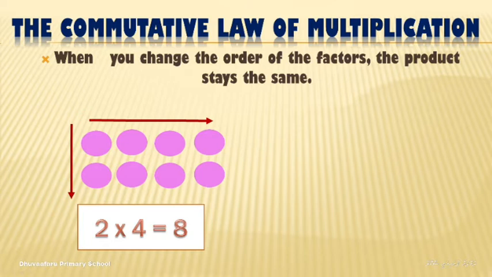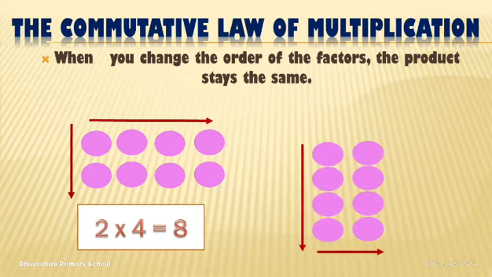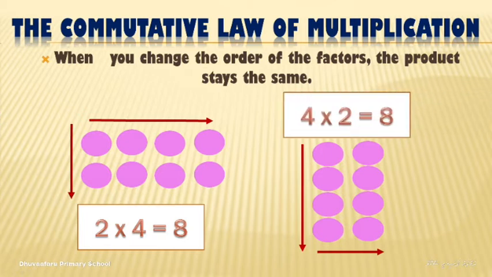That is 8, 2 rows of 4, but you can also write it another way. You can look at this array and see 4 in each row and 2 rows. So we can say it's also 4 times 2.